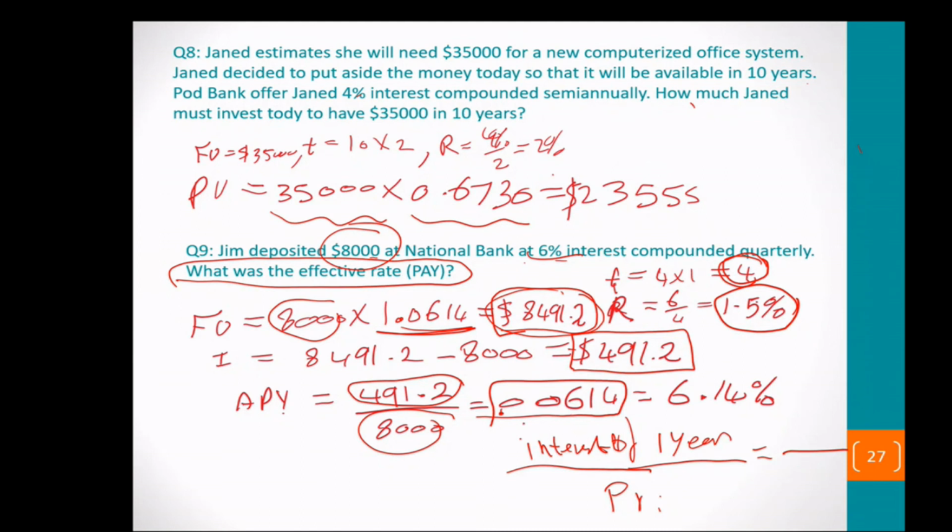Someone calculate, please. I may have written something not correct here. What's the answer? 491.2 divided by 8,000.